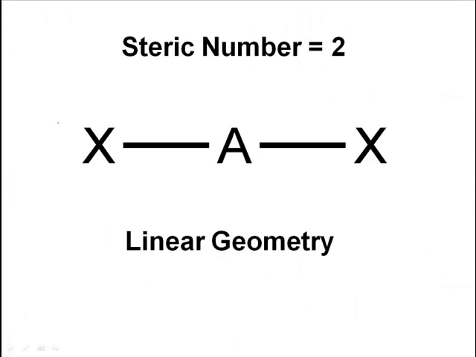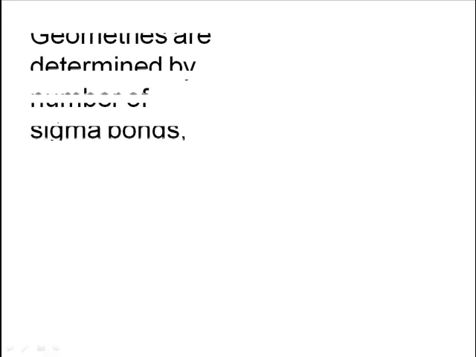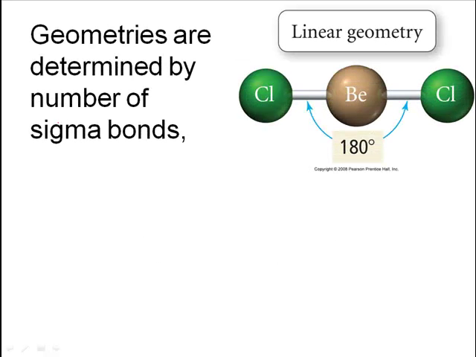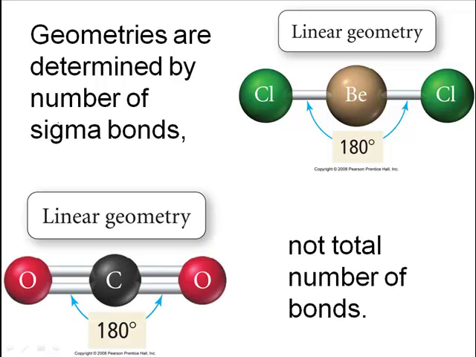So steric number 2 is linear geometry. The geometries are determined by the number of sigma bonds. So you got 2 sigma bonds here, BeCl, and CO2 also has 2 sigma bonds. It's not total number of bonds. So if you look at this, how many electron domains in this picture here? 2.